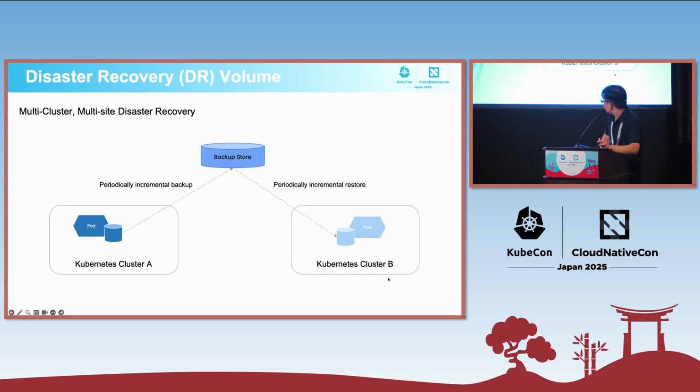And in cluster B, Longhorn can be aware of the new data in the backup store, pull the data, and do periodic incremental restores. So you back up and restore, back up and restore. When cluster A runs into a disaster, you can activate the Longhorn volume and the workload in cluster B, to reduce your service downtime. This is not fault tolerance, but it's an HA method. So you can reduce your lost data.